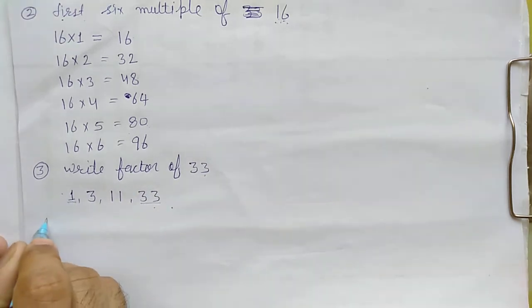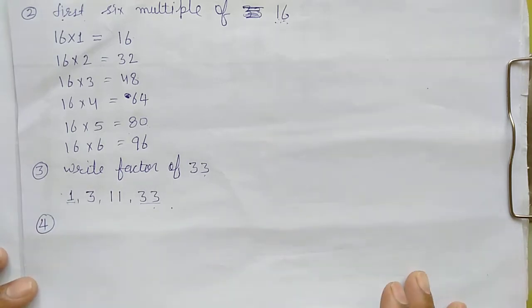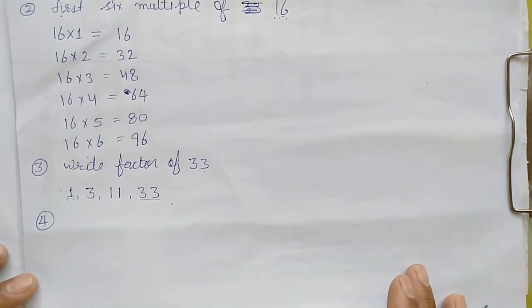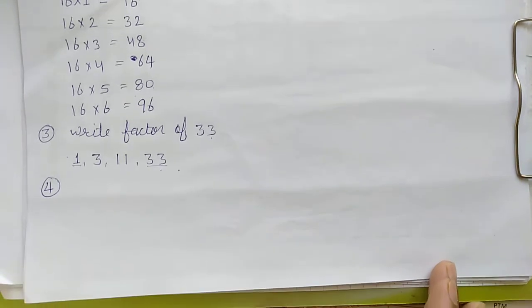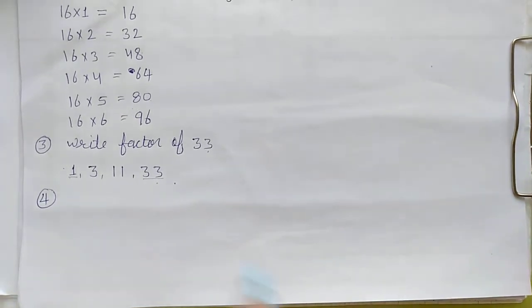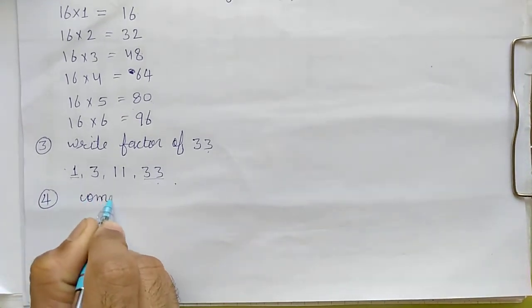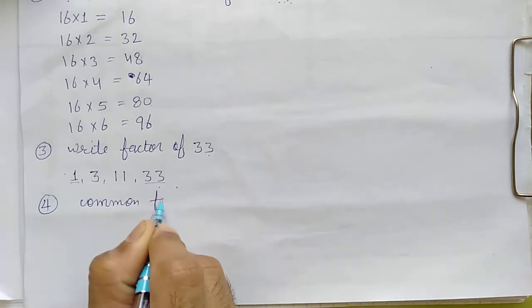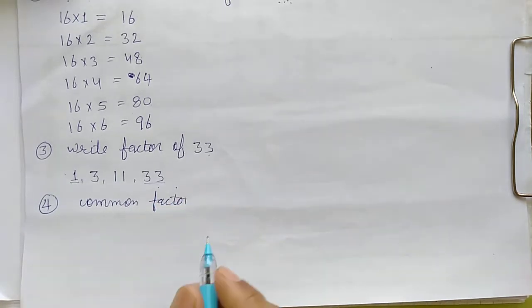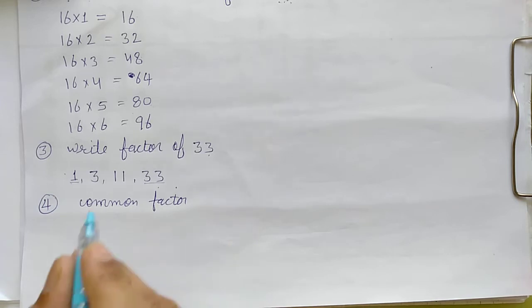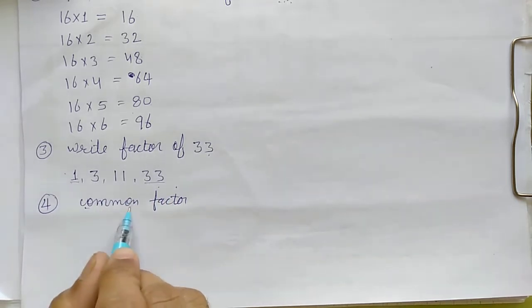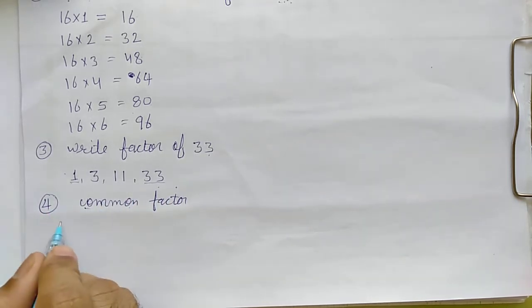Okay. Next is question 4. Find common factors of. As we have learned in previous videos, how to find common factors? For common, as I told you, we should have a minimum of 2 numbers.